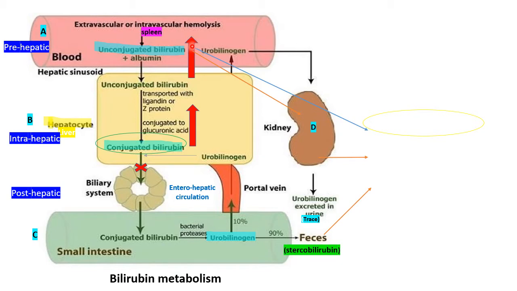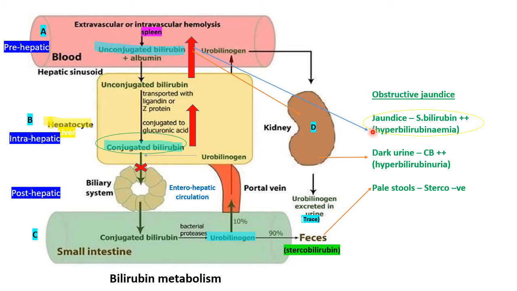The high level of conjugated bilirubin in the circulation results in the staining of the various tissues by the bilirubin, and so the patient becomes jaundiced due to hyperbilirubinemia. Some of the bilirubin in the blood is then excreted by the kidneys into the urine, which gives the urine a dark color, and this is due to the presence of hyperbilirubinuria.